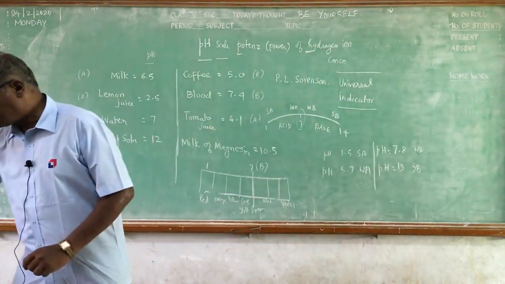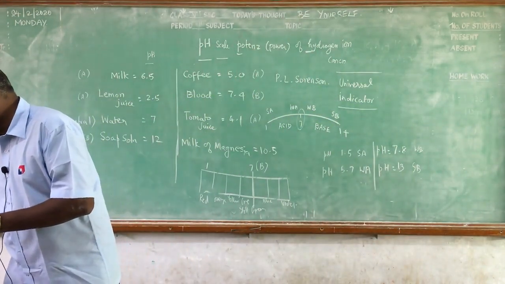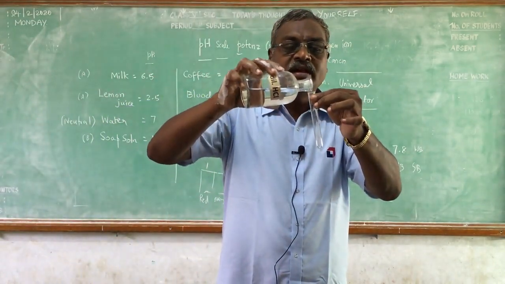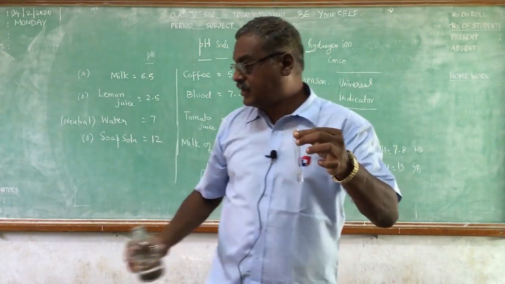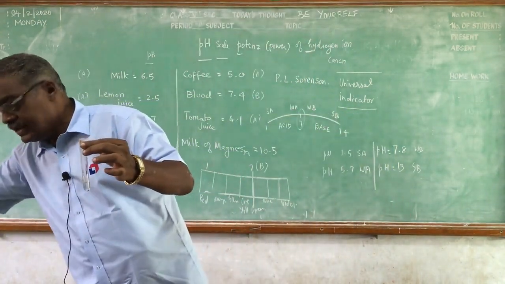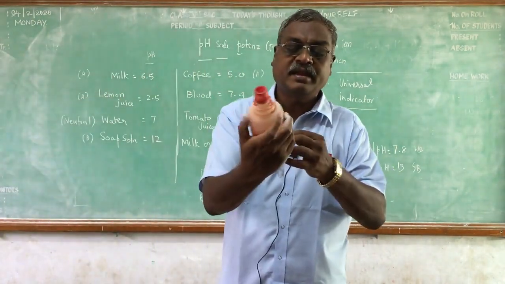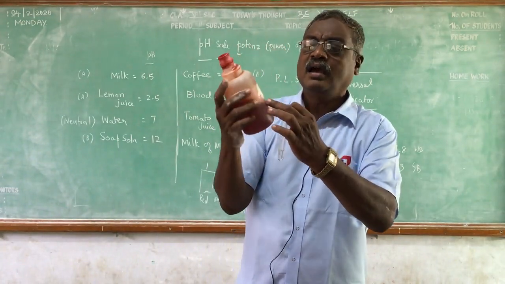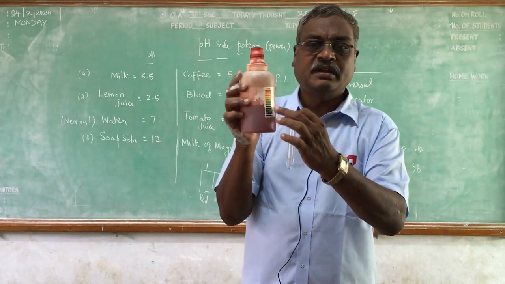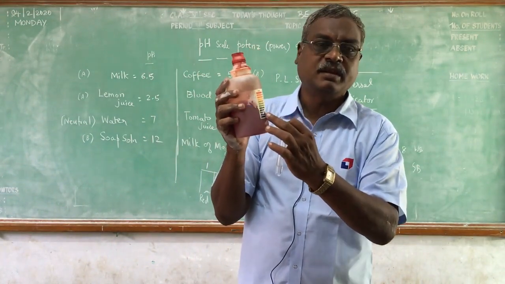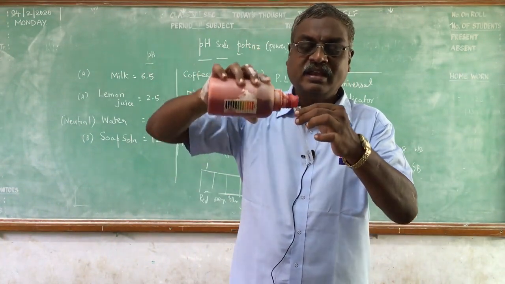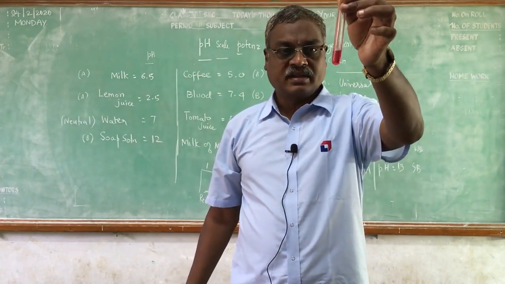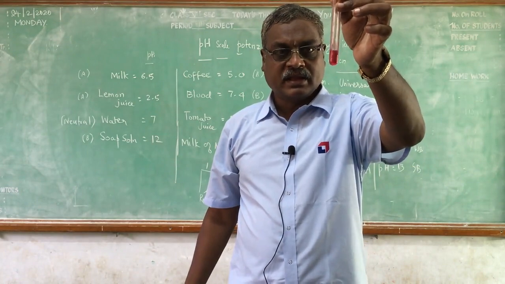First I am taking hydrochloric acid, and in the hydrochloric acid I am adding the universal indicator. This is the universal indicator. You see this color; there is a table in which they have shown what pH value each color corresponds to. I am adding the indicator. See the color. What is the color here? I am getting a pink color.